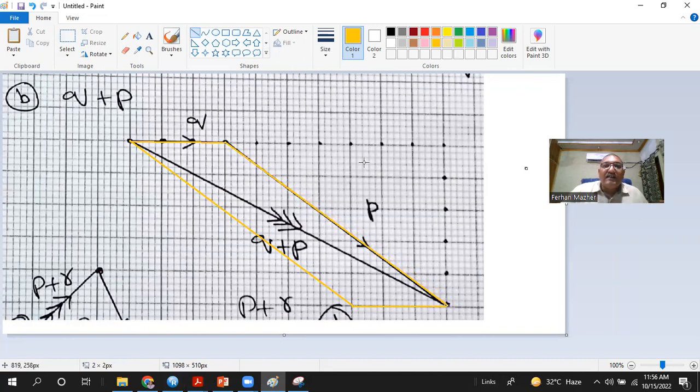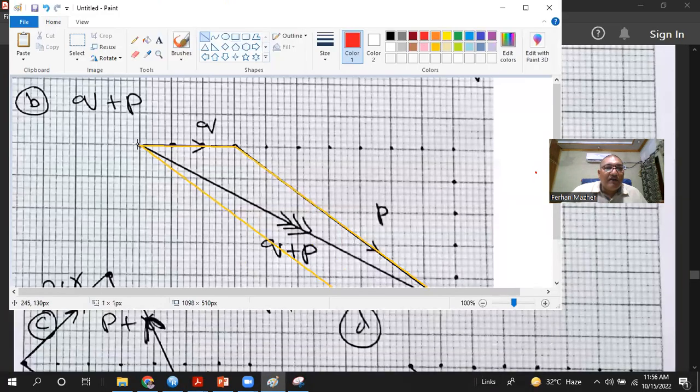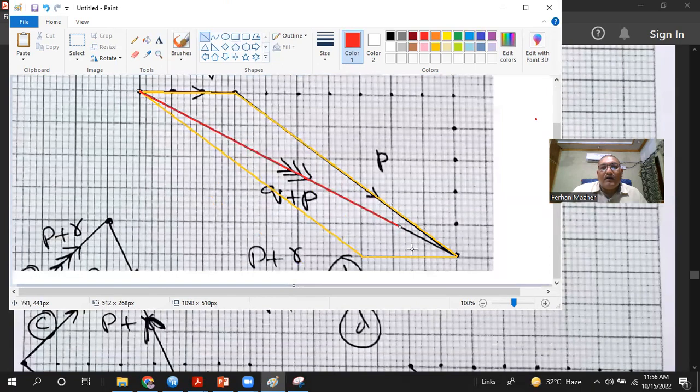Now, for the resultant, where the tails are joined, here, this red line represents the resultant. In the parallelogram, where the tails of the Q and the P were joined, you join it with the opposite corner.